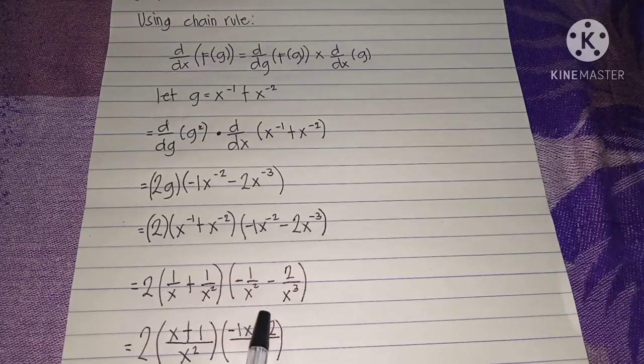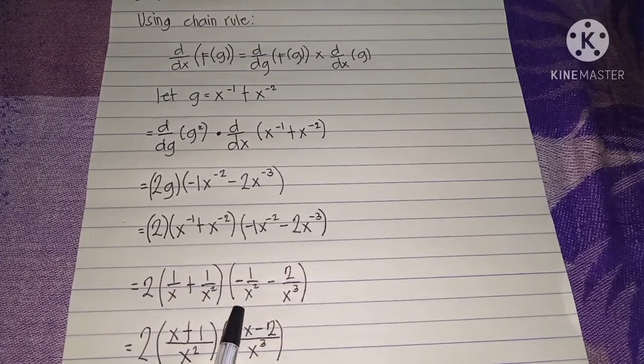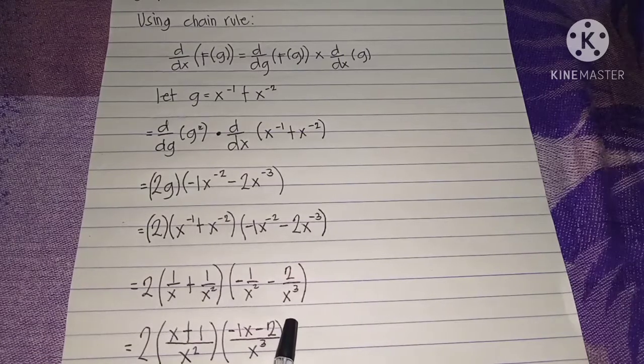The LCD of these two is x cubed. x cubed divided by x squared is x times negative 1 is negative x. X cubed divided by x cubed is 1 times negative 2 is negative 2. And we will now simplify this form.